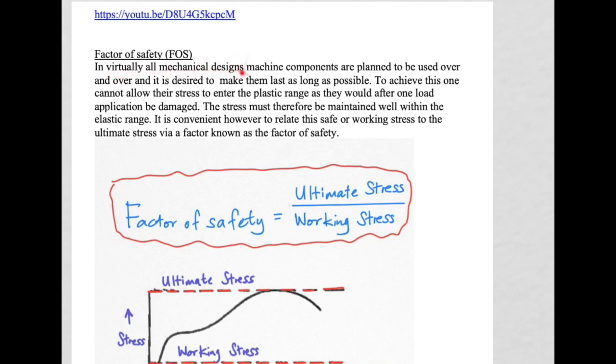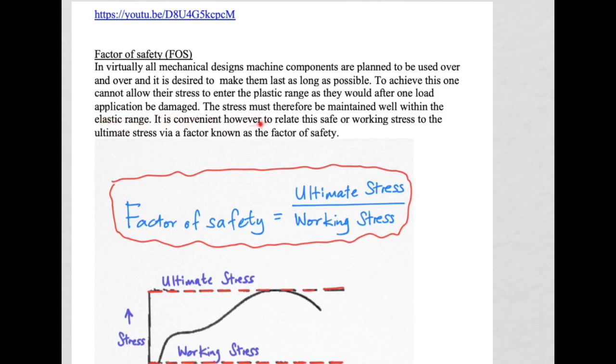In virtually all mechanical designs, machine components are planned to be used over and over, and it is desired to make them last as long as possible. To achieve this, one cannot allow their stress to enter the plastic range, as they would after one load application be damaged. The stress must therefore be maintained well within the elastic range. Remember, that's the straight line portion.